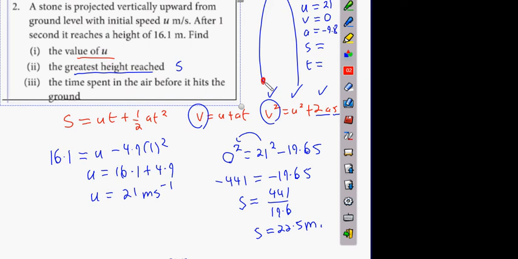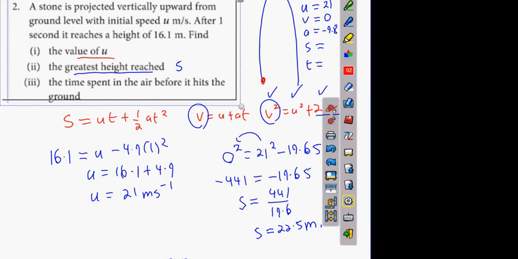You're going all the way up, hitting the very top, and that takes you 22.5 meters into the air. Now the thing is, it's symmetrical. The time taken to go up equals the time taken to go down. So if I find the time taken to go up and double it, I'll find how long I spent in the air.